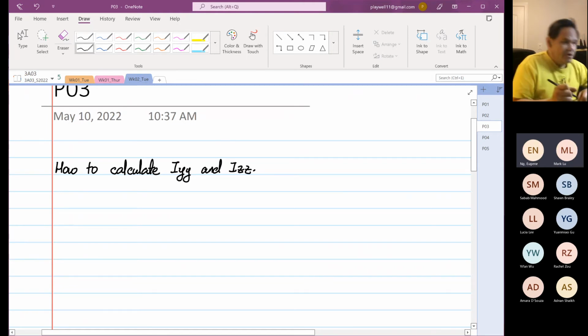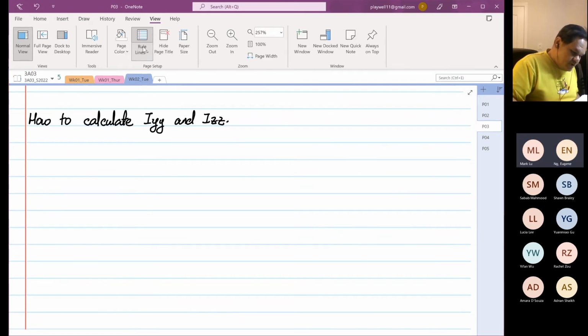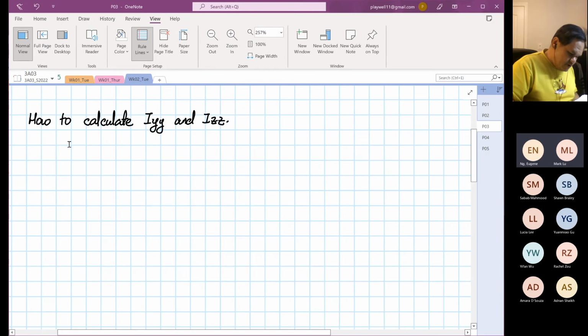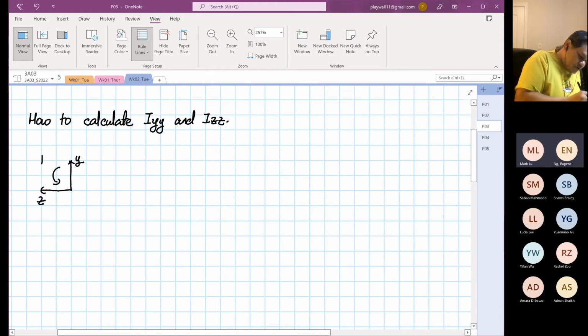Again, I will teach you a simple way to remember. If we have our axes, this is our Y, this is our Z, and this is rotation about X.